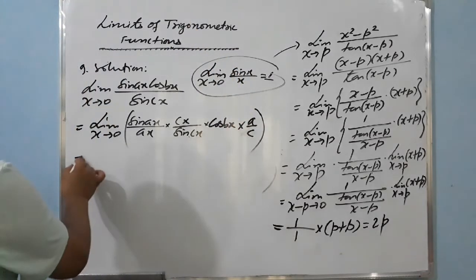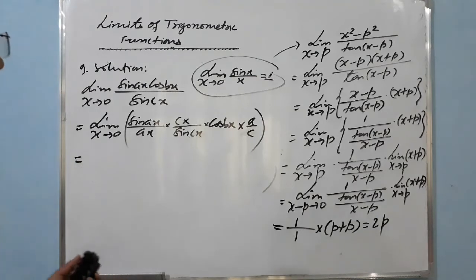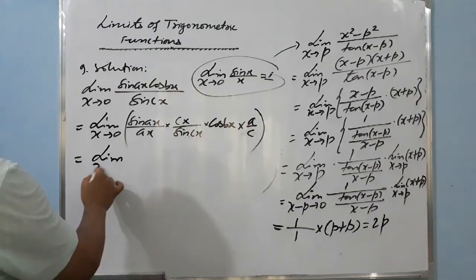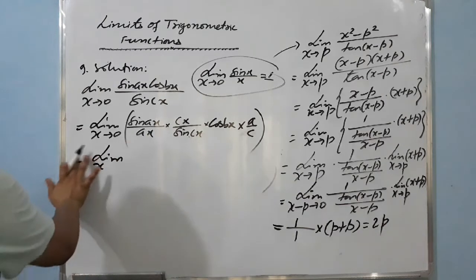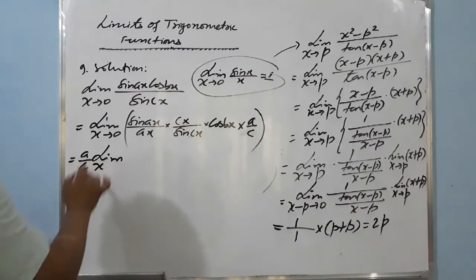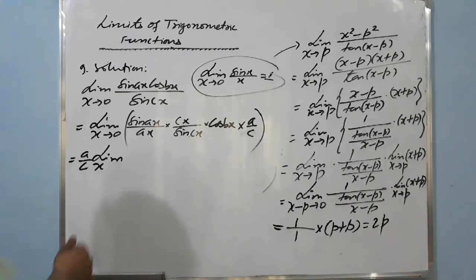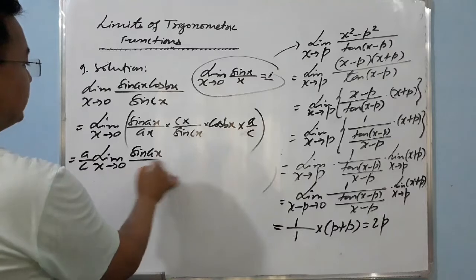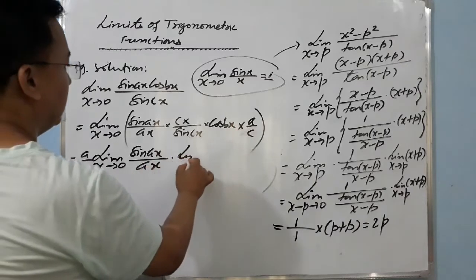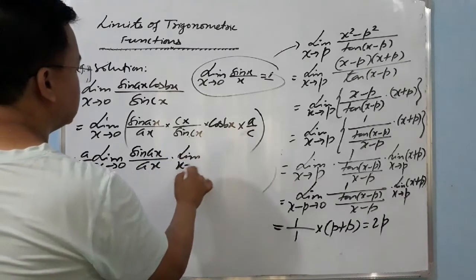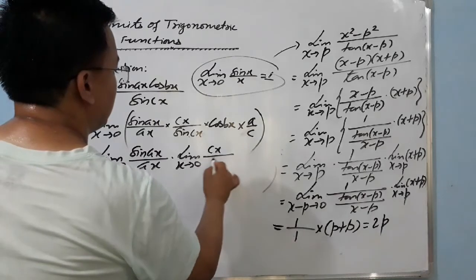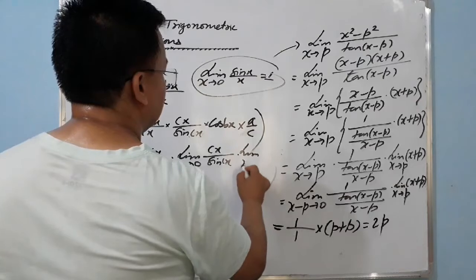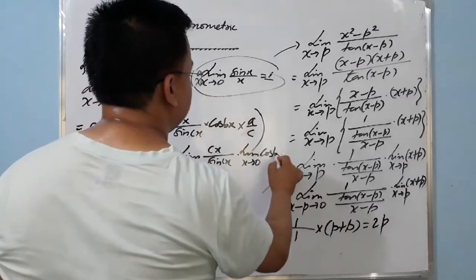Okay, if everything is clear, let's move to the next step. Outside we can write a upon c, and I am going to write like this way: limit x tends to 0 of ax over sin ax, into limit x tends to 0 of cx over sin cx, into limit x tends to 0 of cos bx.